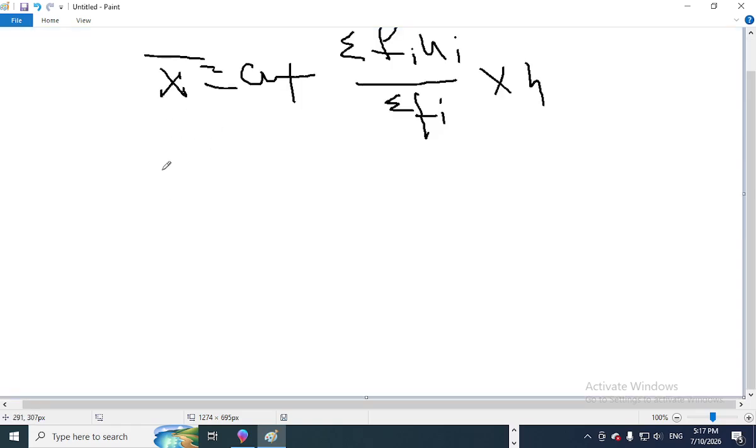So x bar, which is the mean of the daily allowance, is 18.